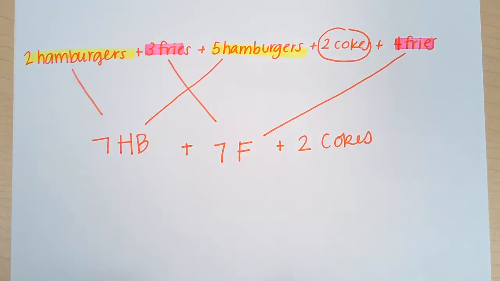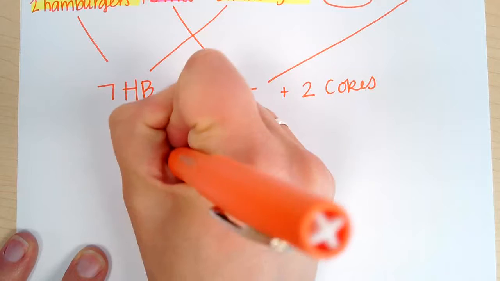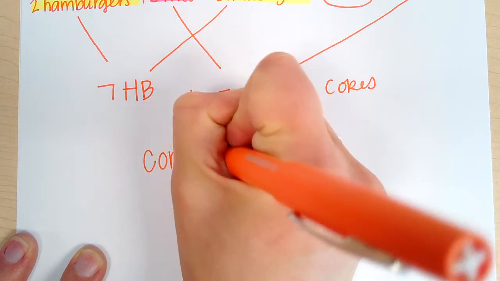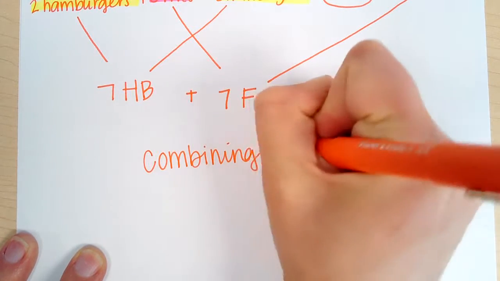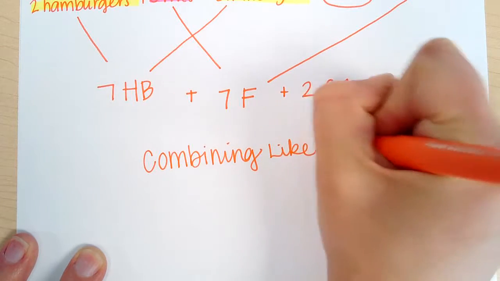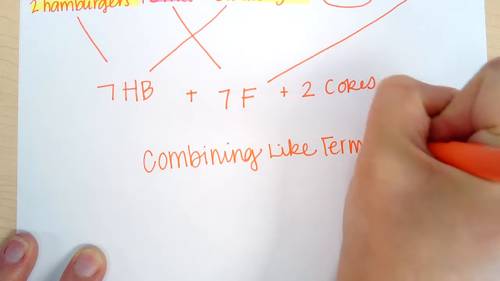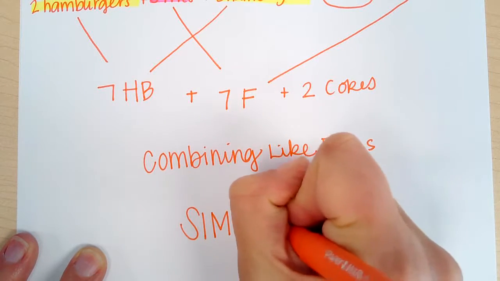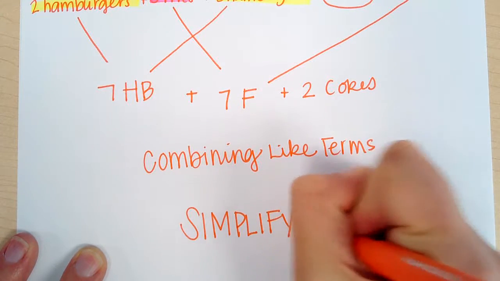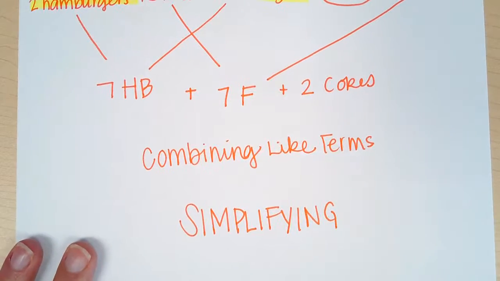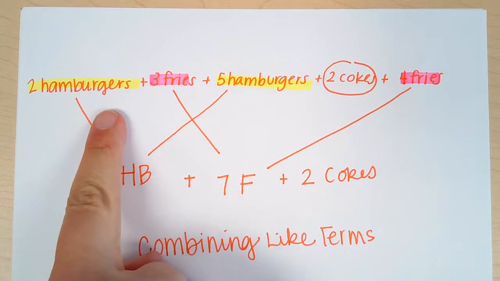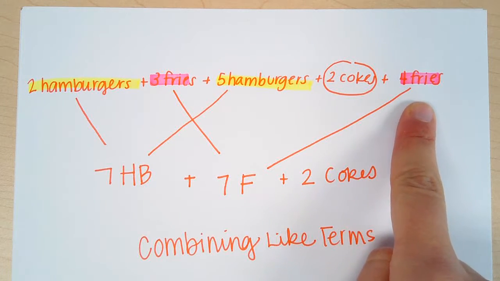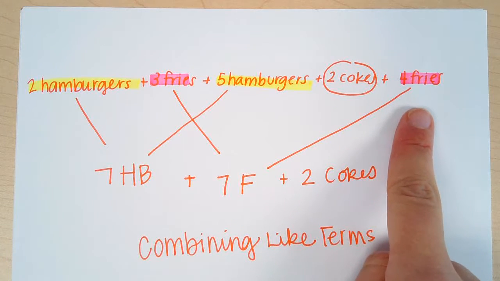We do this in math too, and it is called combining like terms. And what we're doing is simplifying our math expressions. Okay, the goal is to simplify. We could say this, yes, but as you saw in the video, it makes things a lot more challenging.